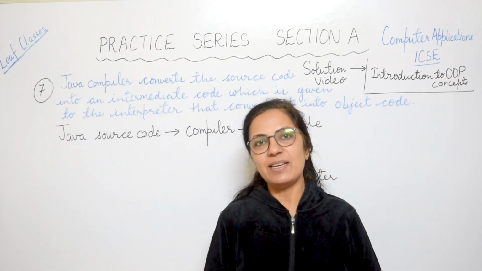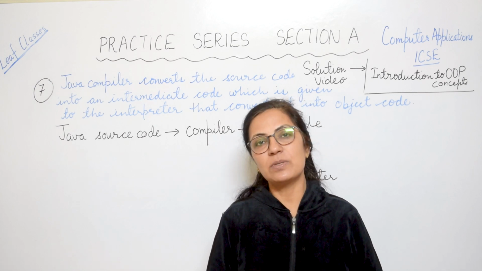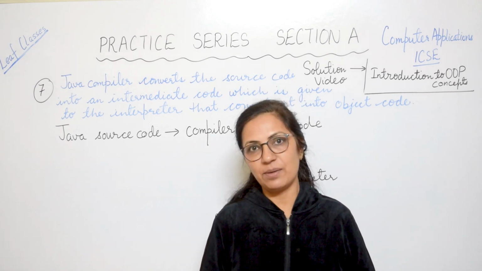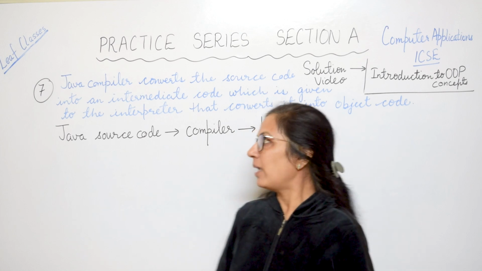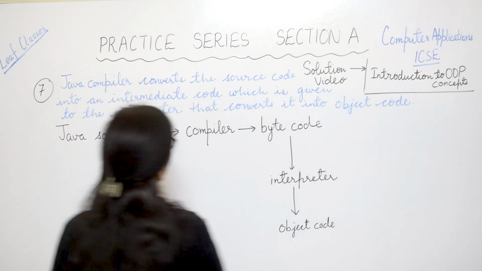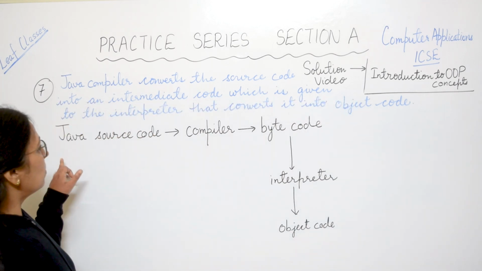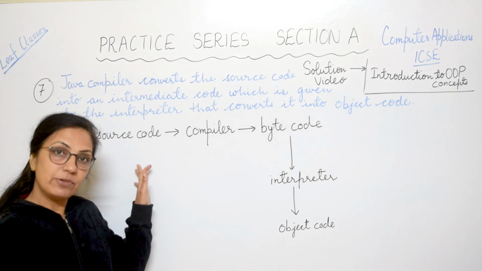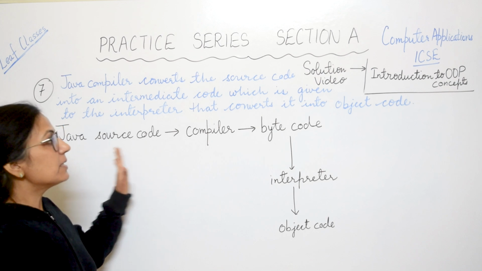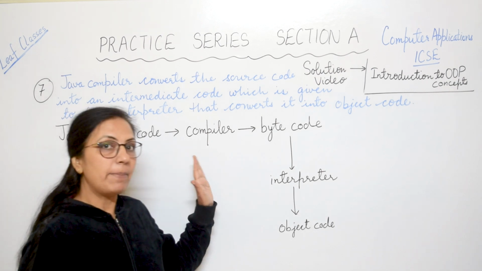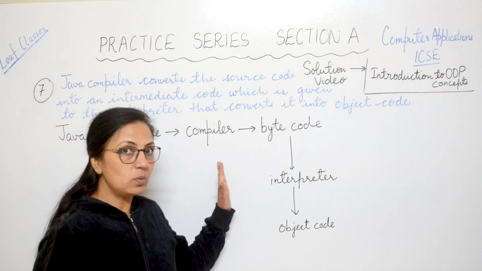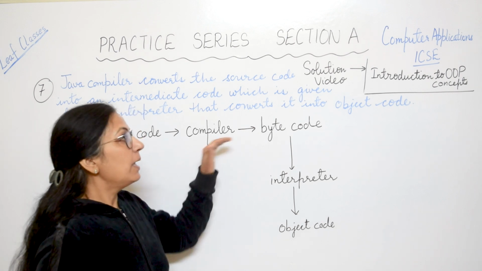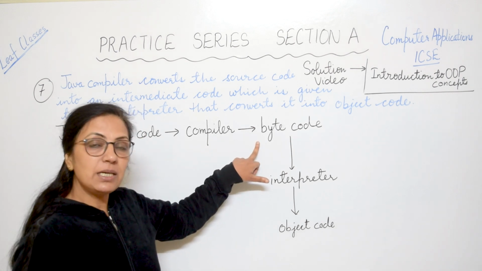Question number 7 is, a Java program uses a compiler as well as an interpreter. Explain that. Before reading this, I would like to explain it to you. Java source code. Source code means the Java program which we are writing. That is given to the compiler. Compiler is a translator which converts the source program into an intermediate code.